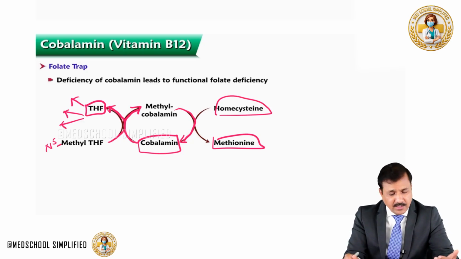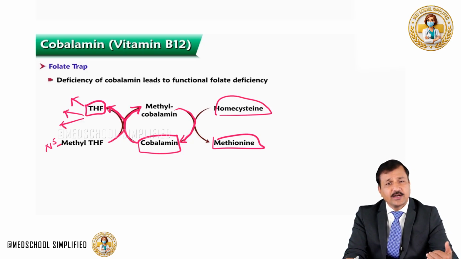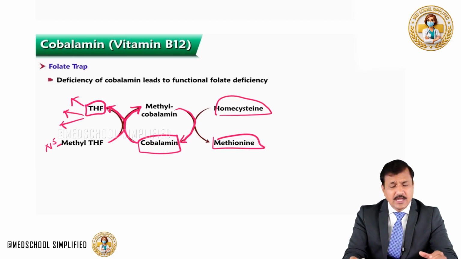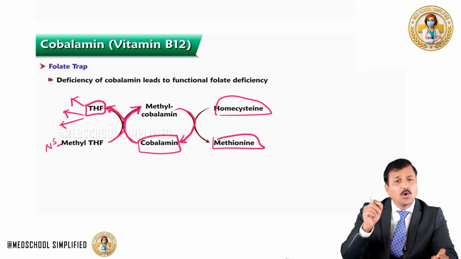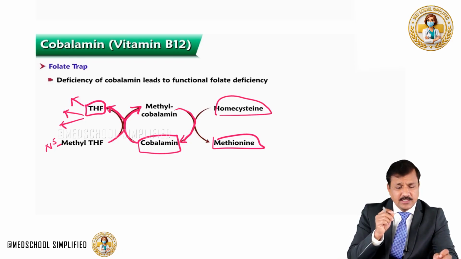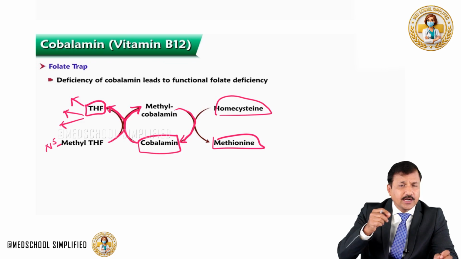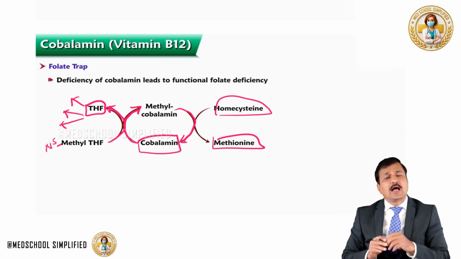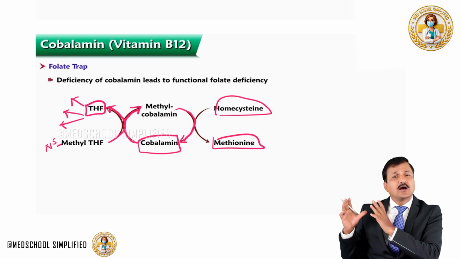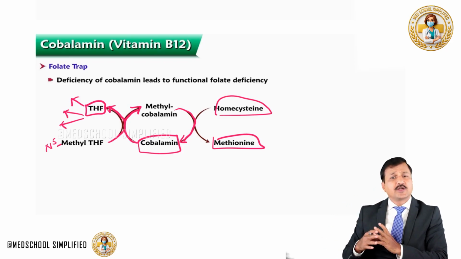This tetrahydrofolate in the cell can go into different tetrahydrofolate forms: N5,N10-methylene tetrahydrofolate, N5-formyl tetrahydrofolate, N10-formyl tetrahydrofolate. All these tetrahydrofolate derivatives are made possible only when N5-methyl tetrahydrofolate is converted to tetrahydrofolate, while cobalamin is converted to methylcobalamin, and that happens when homocysteine is converted into methionine.